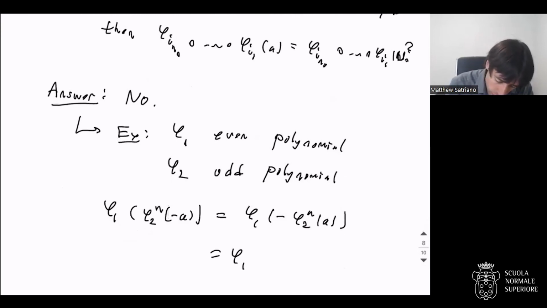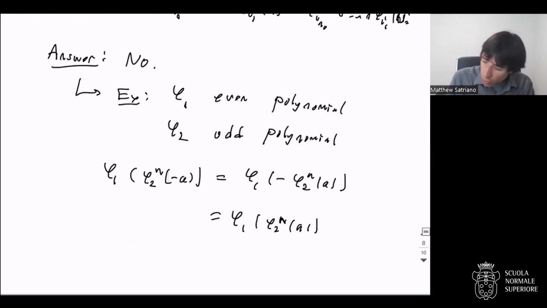So we have phi 1 of phi 2 to the n. So this is true for every single A. So you have infinitely many rational points where you can only cancel out one phi from both sides. So this shows that you need to allow for some kind of exceptional sets, or you have to allow for some kind of exceptional maps.